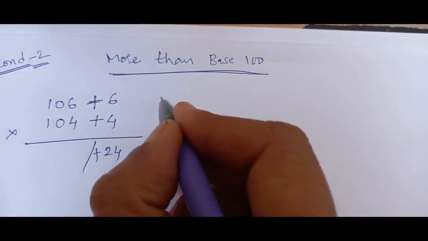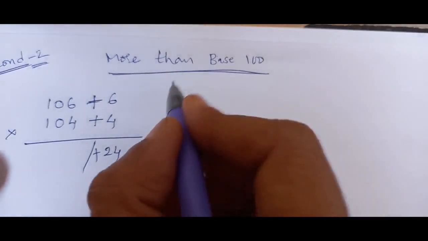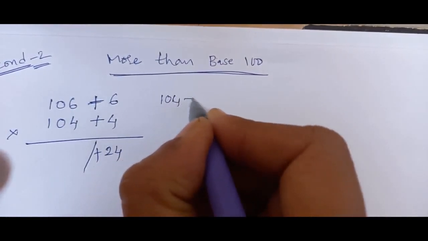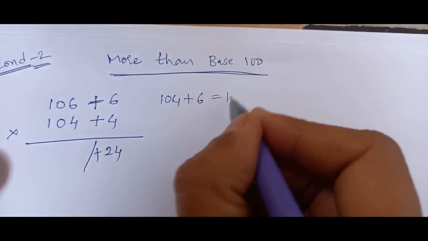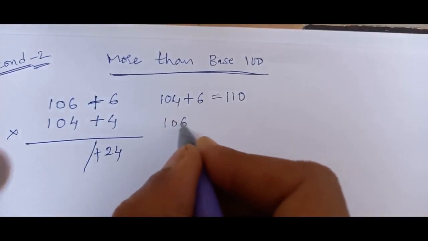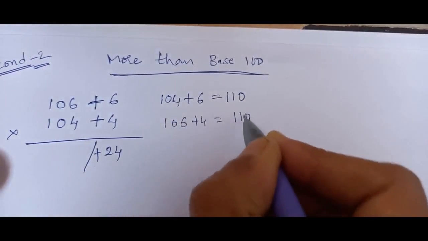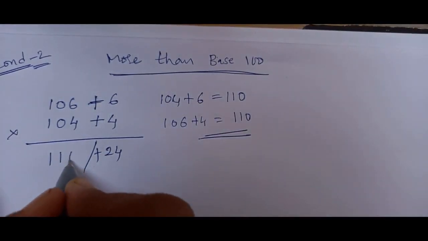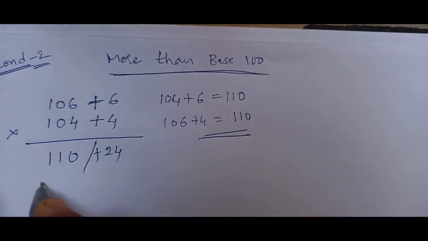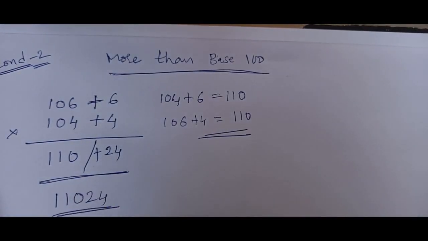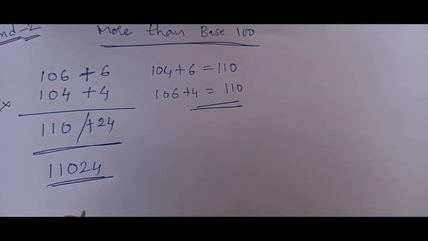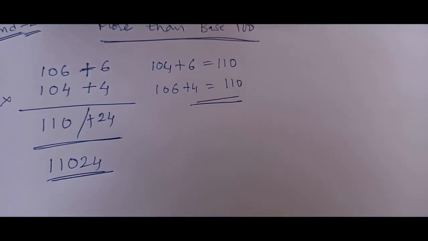So the LHS part we get by 104 plus 6, which is 110, or 106 plus 4 is equal to 110. In both cases the answer is the same. So write 110 here. So the answer is 11024. So simple, no? So we are doing multiplication within seconds. Let's see one more example.